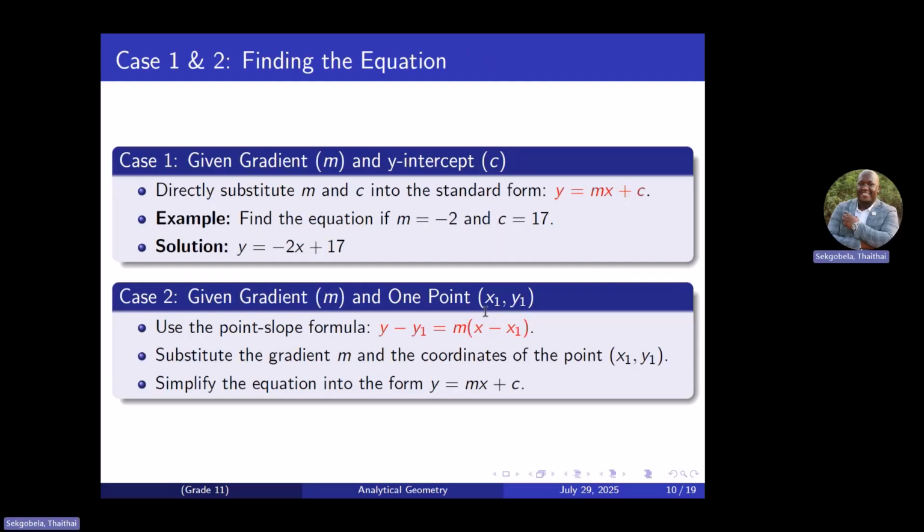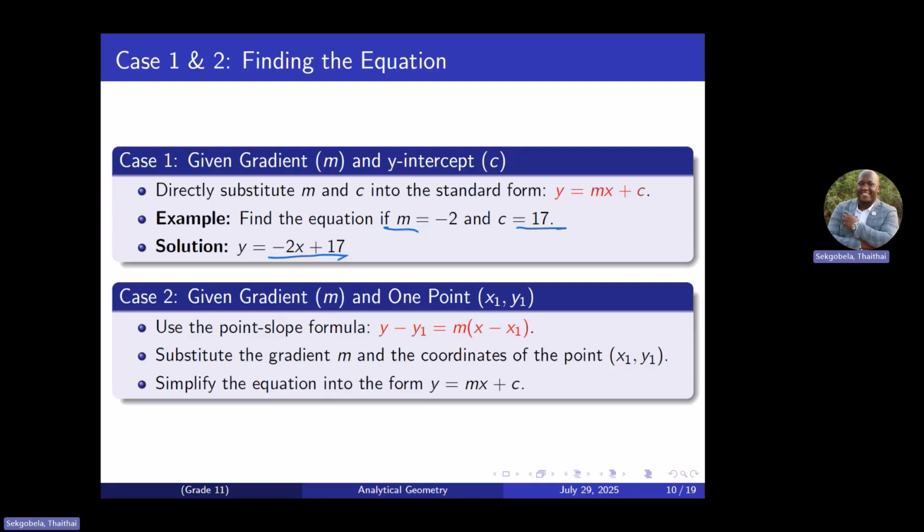So now, if you are given a gradient and the y-intercept, you are going to directly substitute m and c into the standard form, which becomes very easy, because you already have m and you already have c. So that becomes this equation.